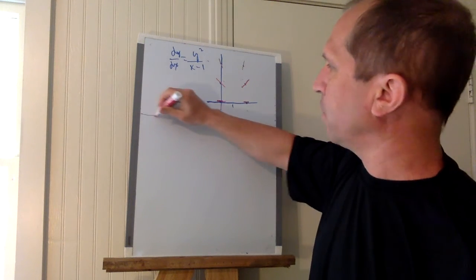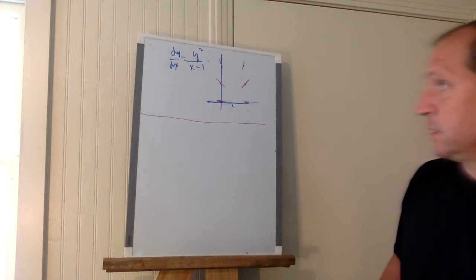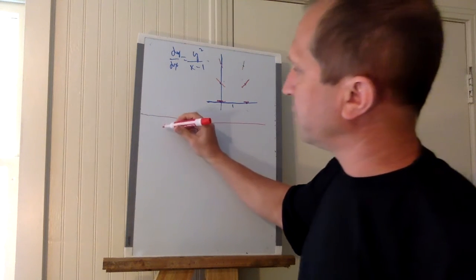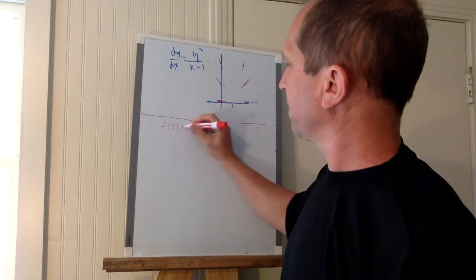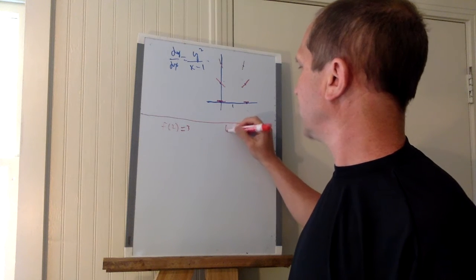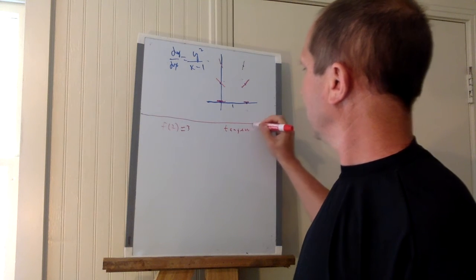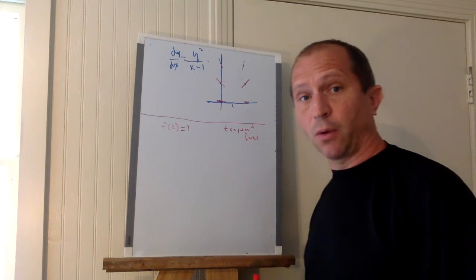Okay. Now on to part B. Part B tells us that f of 2 is 3. And they want us to do a tangent line. Well, if you think about a tangent line, at that point, you need a point and a slope.